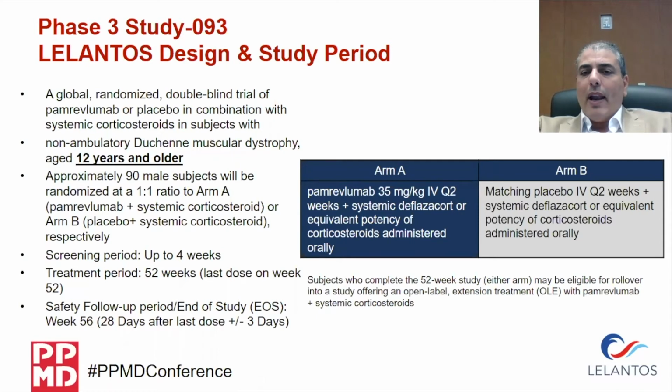The screening will last for 4 weeks. The treatment duration is 1 year, 52 weeks, and the safety follow-up is an additional 1 month plus or minus 3 days. All patients who completed the 52 weeks in this trial will be rolling into an OLE study where they can receive Pamrevlumab as open label, in addition to systemic steroid, in addition to any approved therapy out there. So the patient will get Pamrevlumab plus any like Exondys, Vyondys, and so forth.